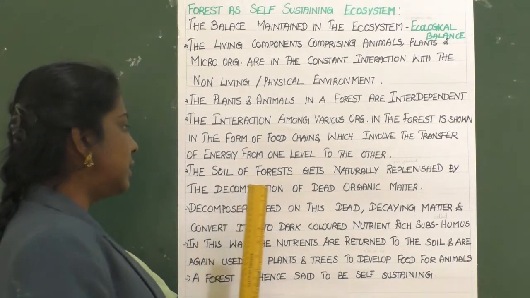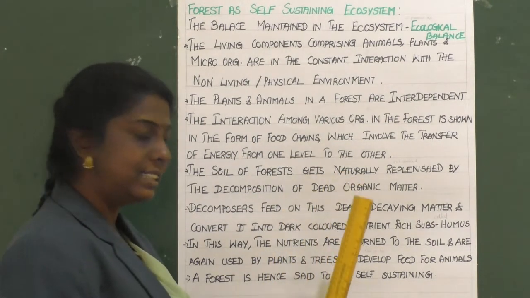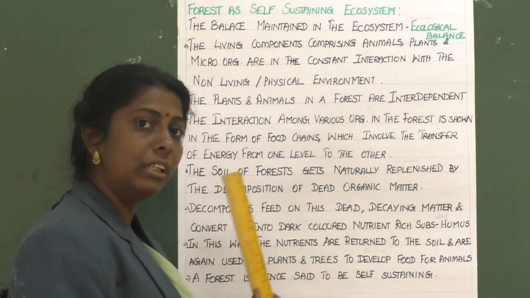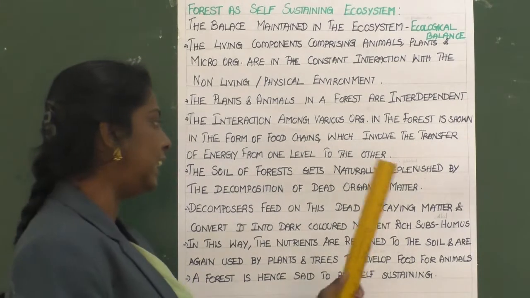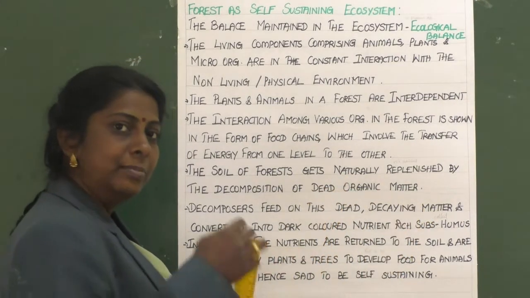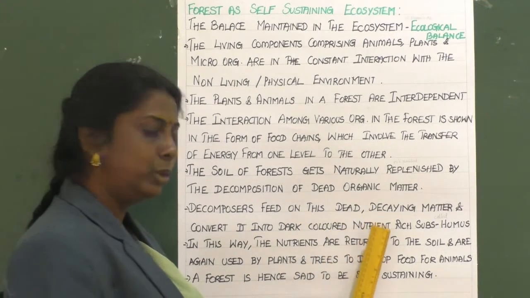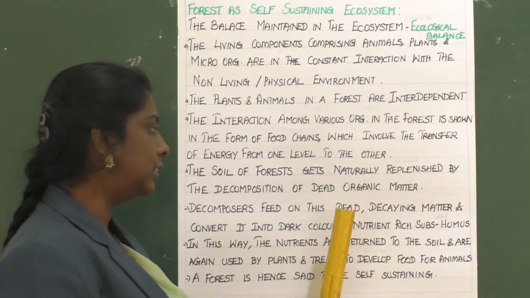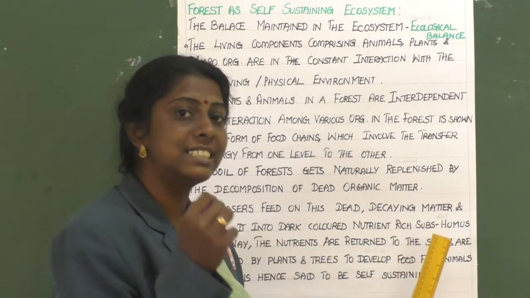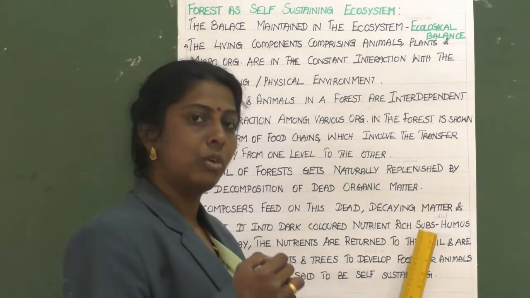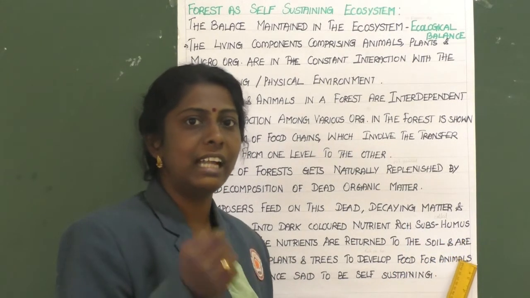Then decomposers feed on this dead and decaying matter and convert it into dark colored, nutrient-rich substances called humus. What is that?